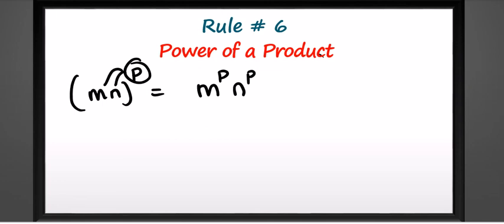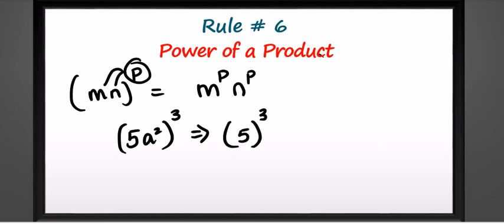For example, you have 5 times a to the power 2, and then there is a 3 outside. That 3 is a part of everything inside. There are multiple ways to do it. So that basically means it's 5 to the power 3, then you have a to the power 2, then there is a 3 here.